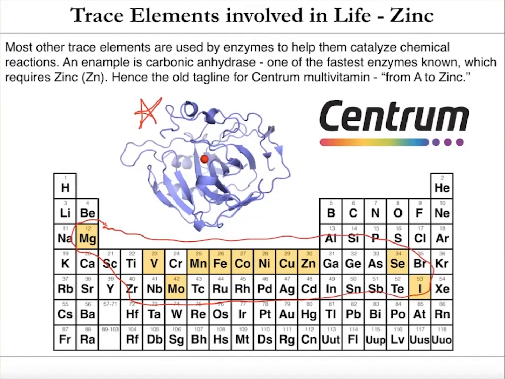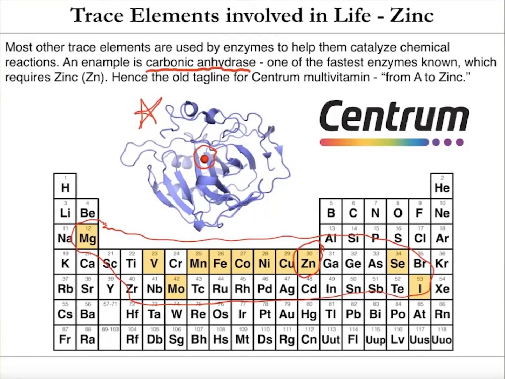An example of this would be the enzyme carbonic anhydrase, which is one of the fastest enzymes known. It requires small amounts of zinc, which is one of these trace elements, number 30 on the periodic table. It can't catalyze those chemical reactions without zinc being present in the active site of this enzyme.